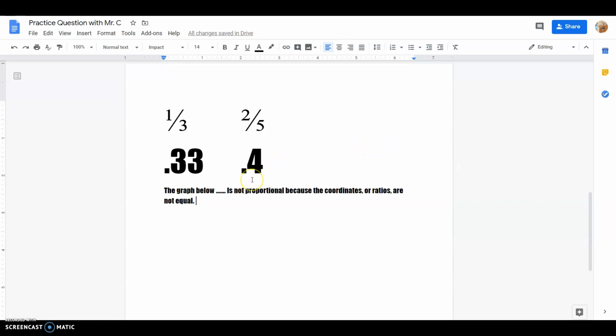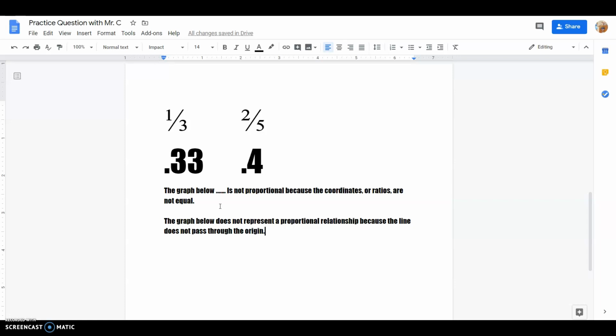So let's look at another way we could answer this question. The graph below is not proportional, or you could write does not represent a proportional relationship because the line does not pass through the origin.